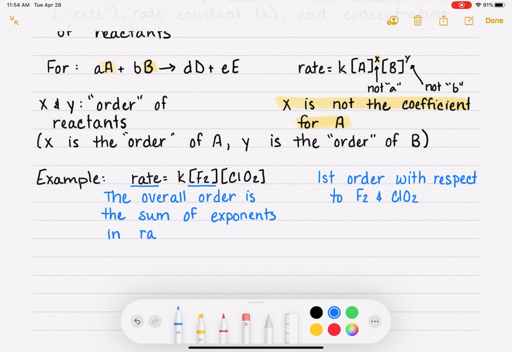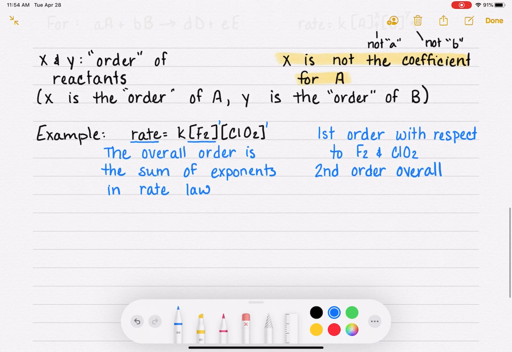So for this rate law, we have an exponent of 1 and an exponent of 1. So this particular reaction is second order overall, 1 plus 1.